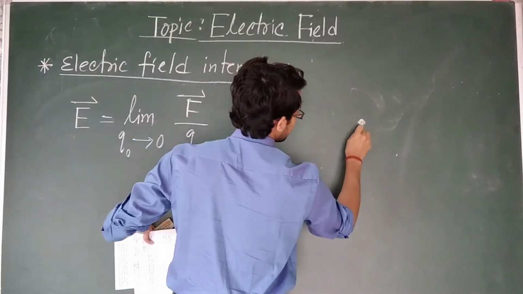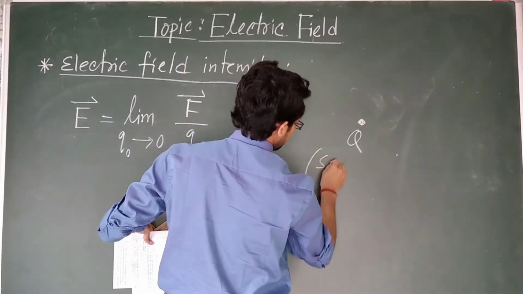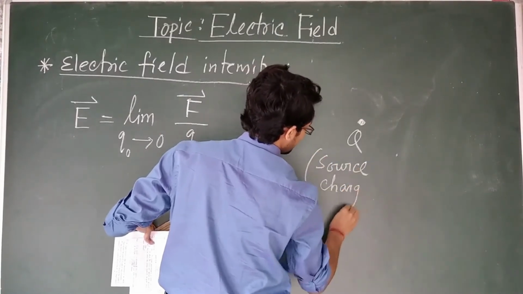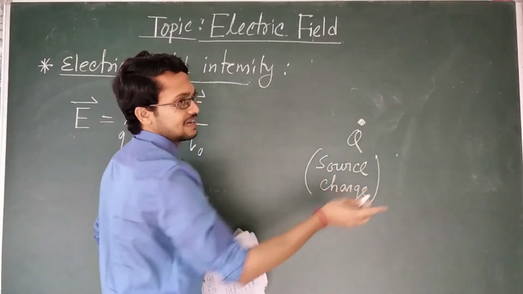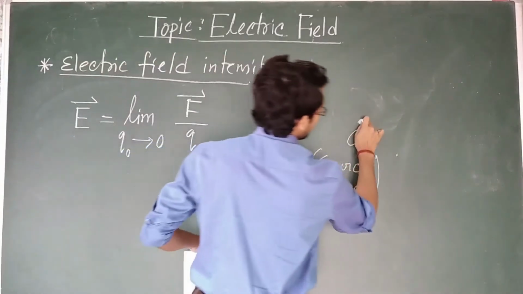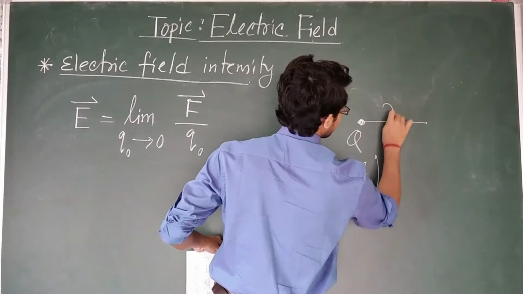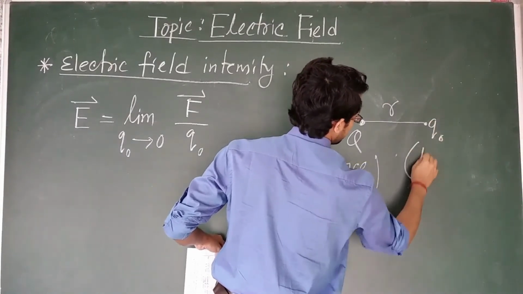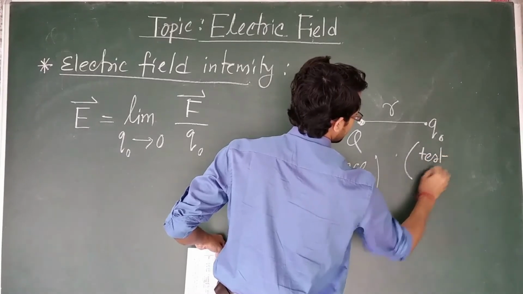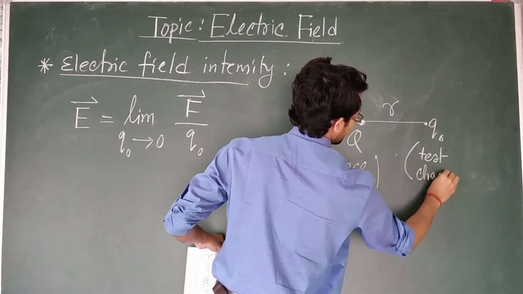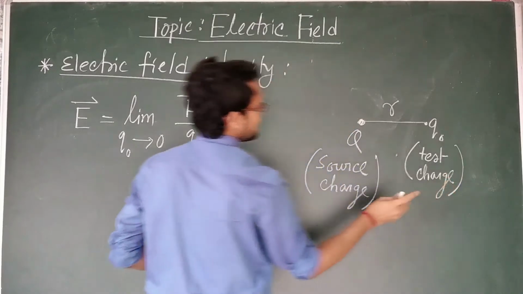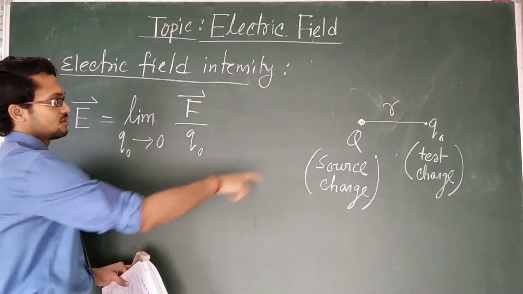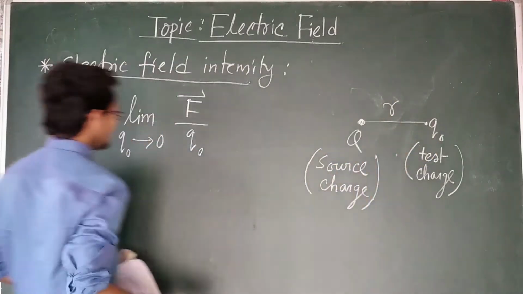So suppose this is Q. This I am taking as the source charge, and due to this charge we will find the electric field at any point. At a distance r, I am taking another charge Q0. This I am taking as the test charge.